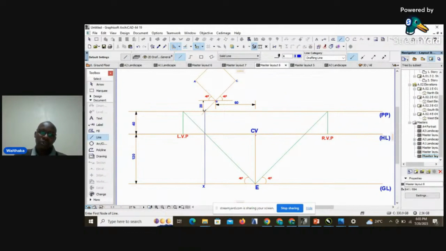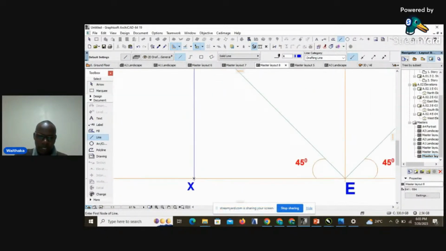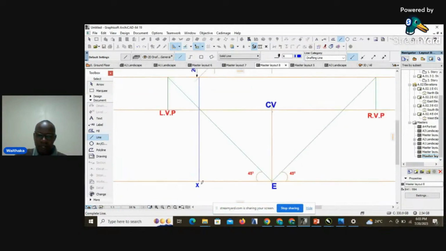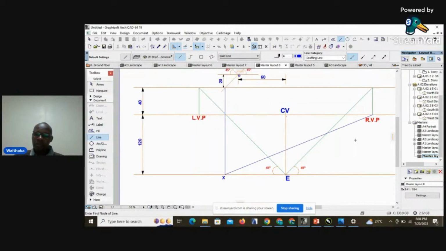Once we protrude line BC and take it to the ground, it will not give us point B. We will generate point X, and point X will recede to the right vanishing point. So we draw a line from point X up to the vanishing point.